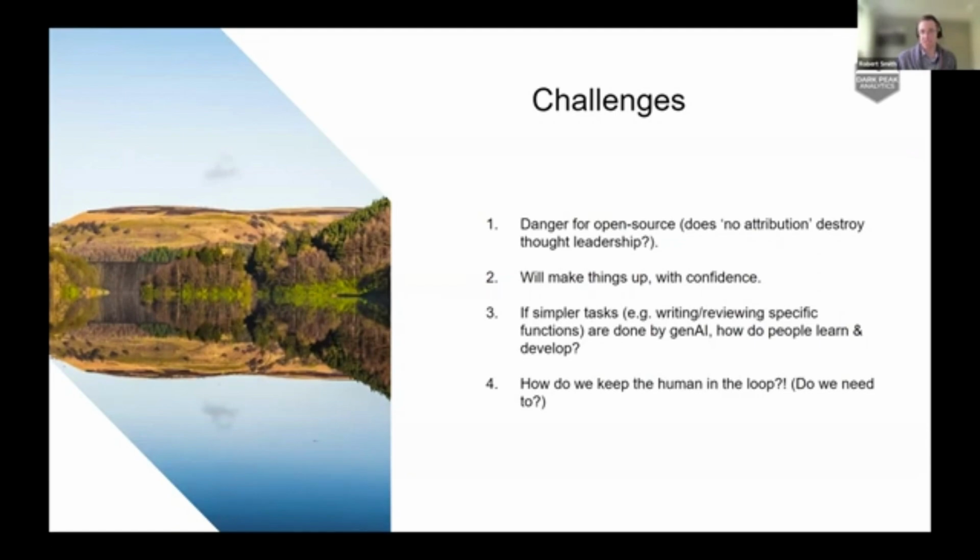Obviously, there's the hallucinations and making things up with confidence issue that a lot of people have talked about. There's also another issue: if simple tasks like reviewing functions or writing specific small bits of code are done by Gen AI, how do people learn and develop? At the moment it's fine because we've got some experienced programmers who can use generative AI to test their work and speed themselves up.